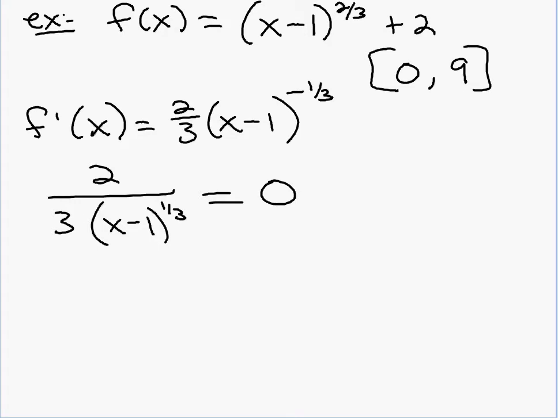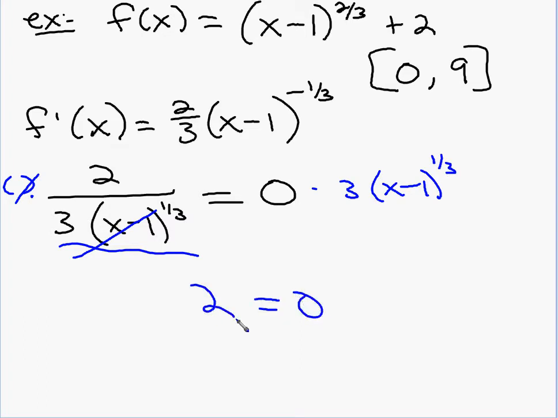If I multiply both sides by this denominator, which I don't have room over here, but just pretend I do, that's going to cancel. And if I multiply this side by the denominator, well, that's going to be 0. And I'm going to have that 2 equals 0. Well, 2 doesn't equal 0.